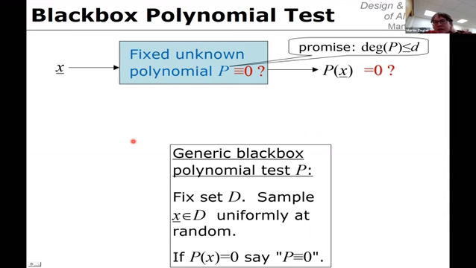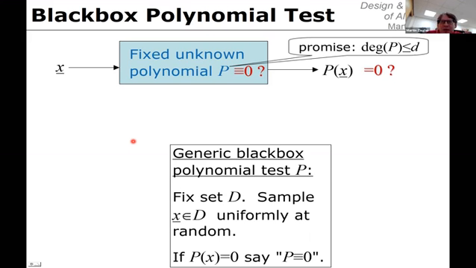I promise you that the polynomial I'm thinking about has degree at most 6. Well, not necessarily equal to 6, because it could be the zero polynomial, right? The degree of the zero polynomial is minus infinity. Degree of a constant polynomial is 0. Degree of the zero polynomial is minus infinity.